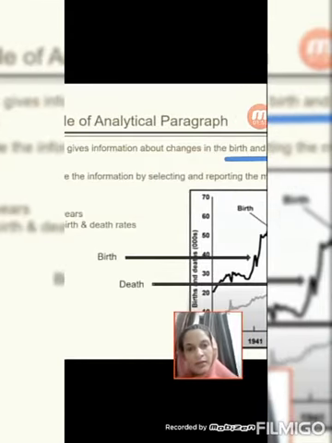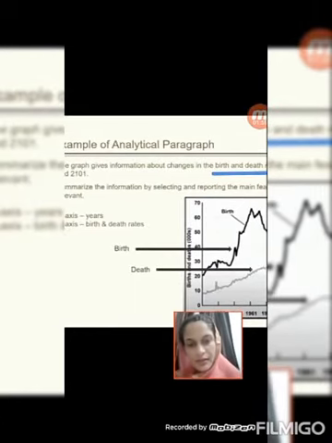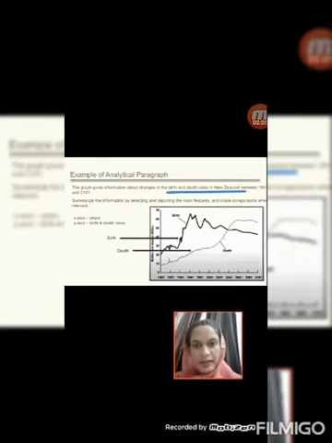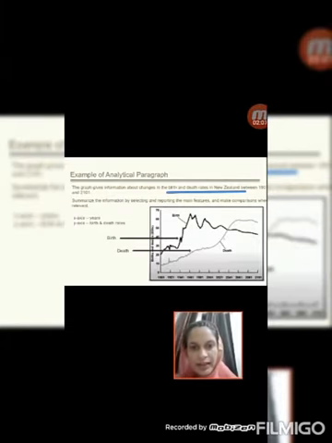Here 3 zeros are also mentioned. 10,000, 20,000, 30,000, 40,000 and so on. And the two lines we can see here, the grey line tells about the death rates in New Zealand, and the black line shows the birth rate in New Zealand.